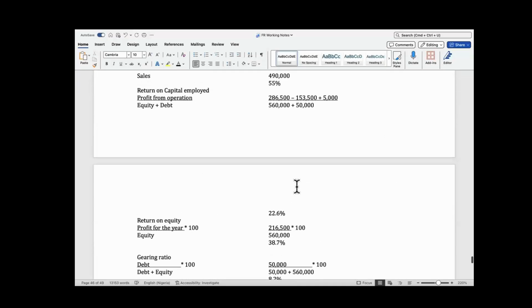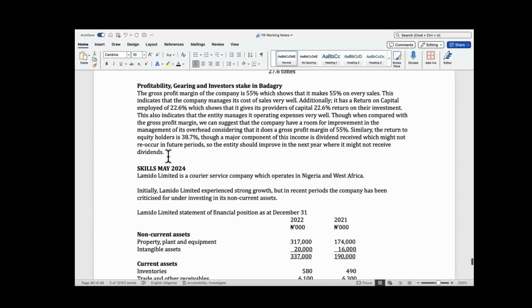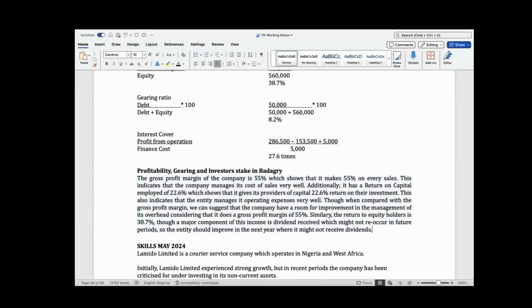If you look at their P&L, a major part of these profits is this dividend received. If you take this away, it's really not so good; what is remaining is minimal. So that's what we're speaking to there, as regards profitability.